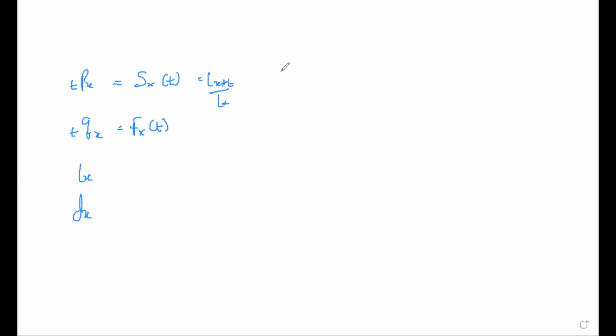So if, for example, X is equal to 5 and T is equal to 2, then we are saying that 2p5 is equal to S_5(2), which is equal to L7 over L5.